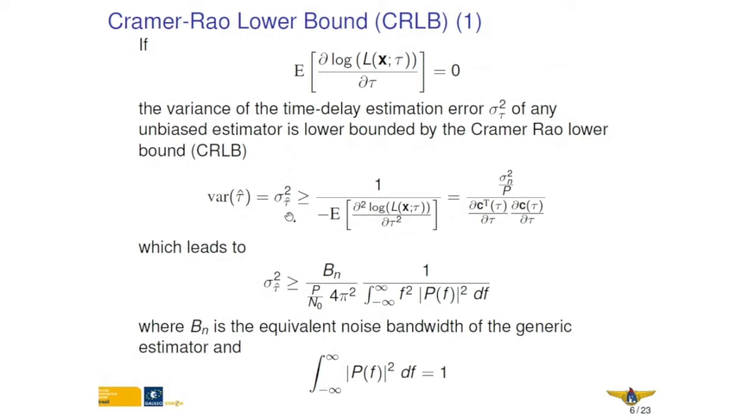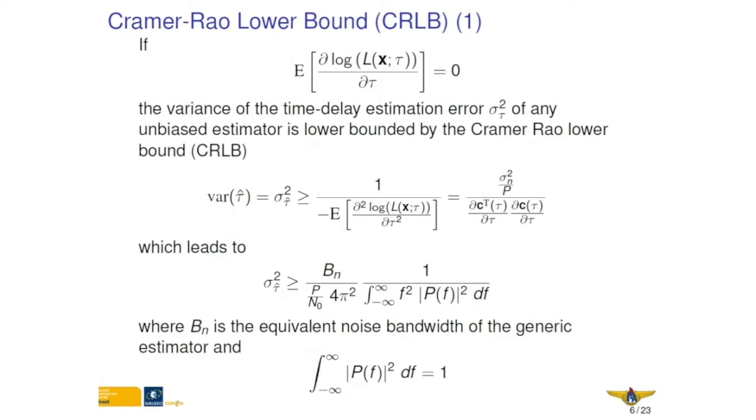So we take 1 over the minus expectation of the second derivative of the log likelihood with respect to tau. This can be reformulated applying some Fourier transform theorems, and in the end leads to this formulation, and this is very nice. This also includes that we assume that the cross-correlation or autocorrelation function is only dependent on the chip pulse shape, as we have shown before.